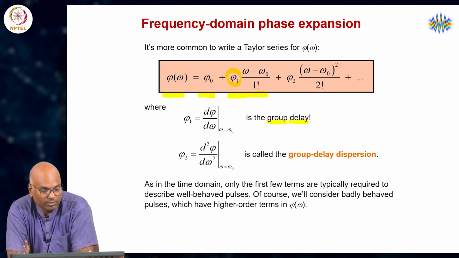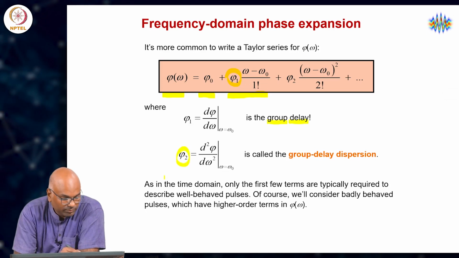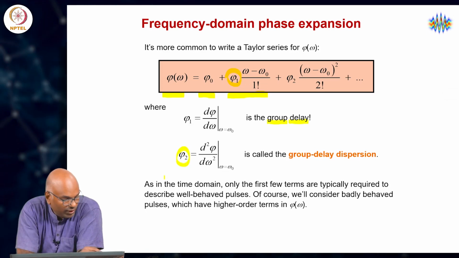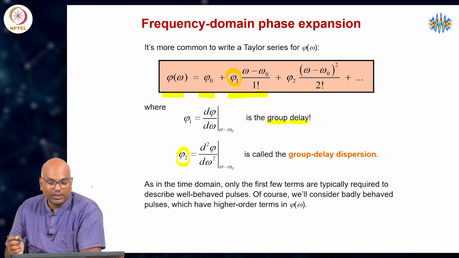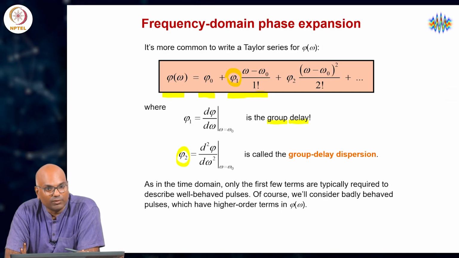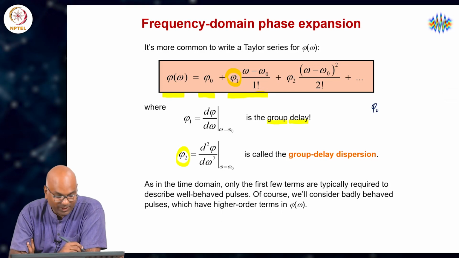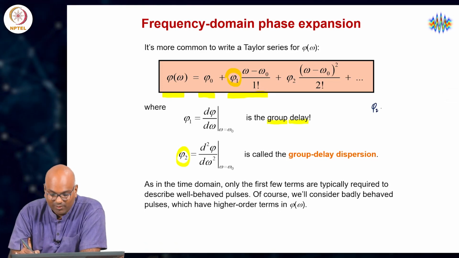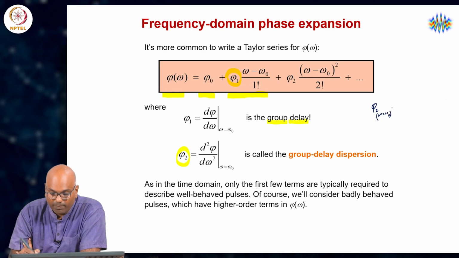Okay. But then what is the second term? We now have built ourselves up to give a nice physical interpretation for phi 2, just phi 2, not phi 2 of anything, it's phi 2 calculated at omega equal to omega naught, right. So, what is this?